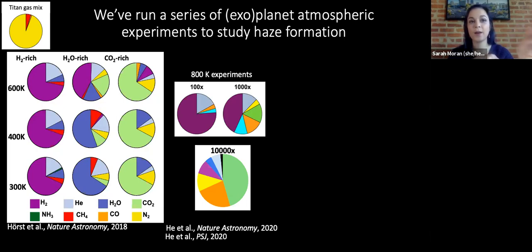Up on the top left, you can see our standard Titan experiment, mostly in the yellow. It's mostly nitrogen with some methane and carbon monoxide. And then we have this whole suite of exoplanet experiments. They cover hydrogen-rich, water-rich, and carbon dioxide-rich atmospheres at 800, 600, 400, and 300 Kelvin. So you can think of that as the inner edge of the habitable zone and then a little bit hotter.